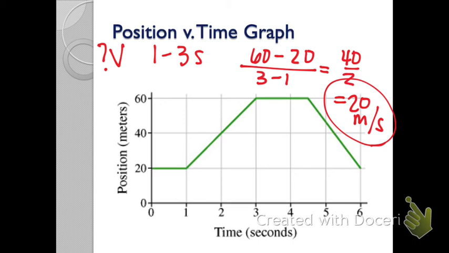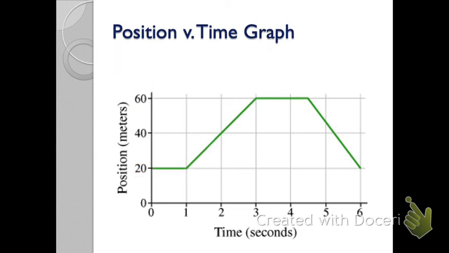This slope lends itself to a pretty easy calculation, because we go up 20 over 1, up 20 over 1. But remember, it's always final y minus initial y over change in x. So we can't do that backwards. Our slope has to match the direction of motion, so it needs to come out positive because we're moving in the positive direction. We're moving forward. Are we comfortable with calculating slope? Okay, very good.